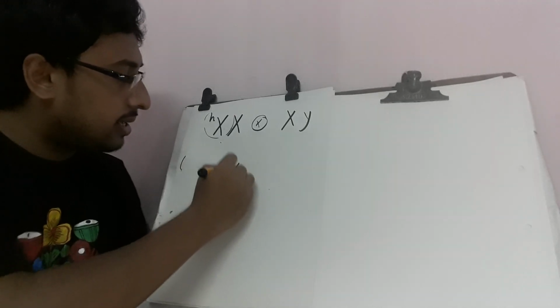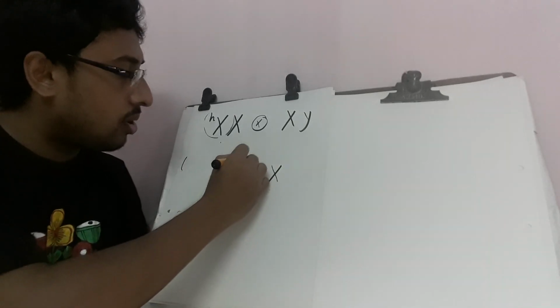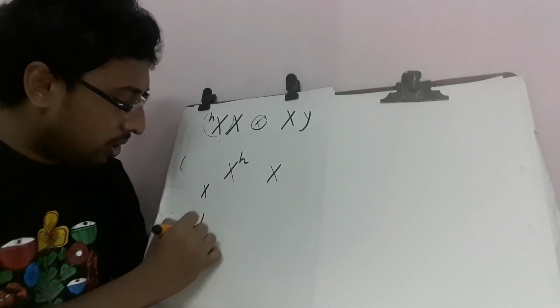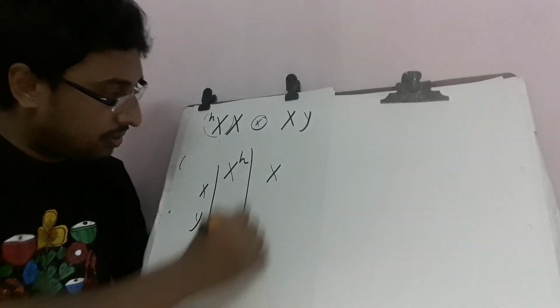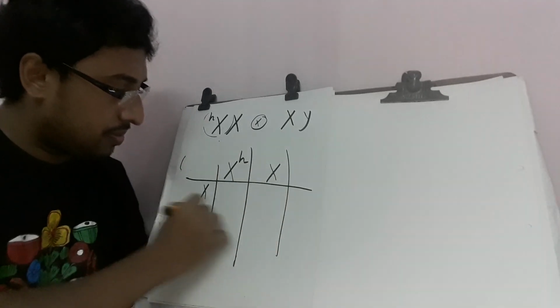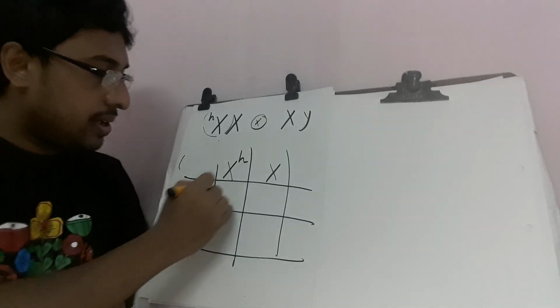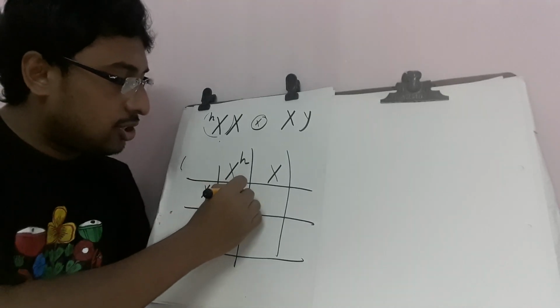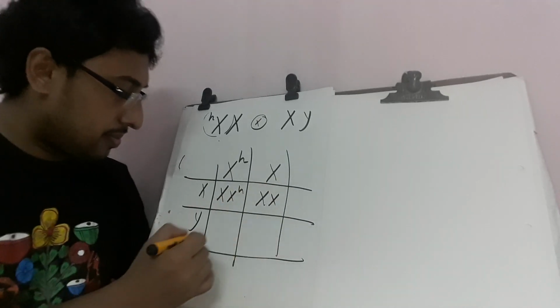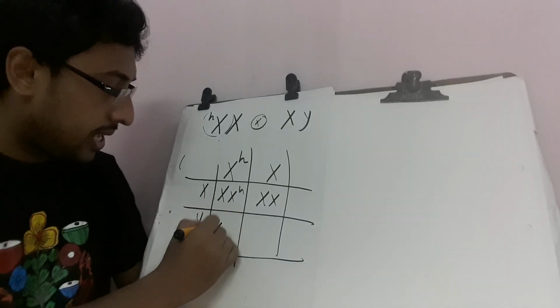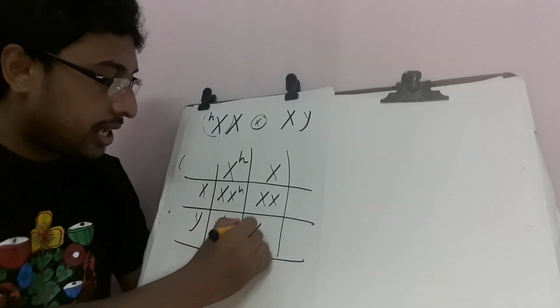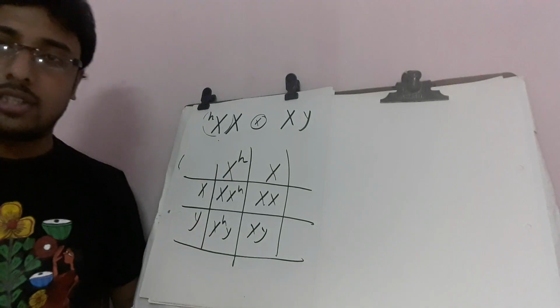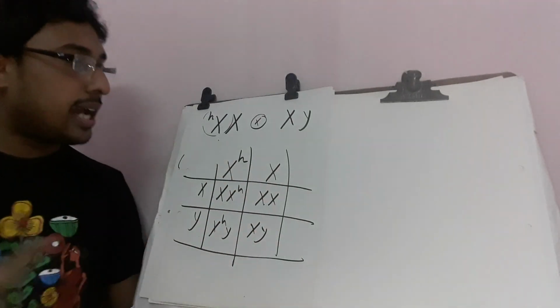After their cross, the products will be X^H X, X X, X^H Y, X Y. Look at the structure, the products will look like that.